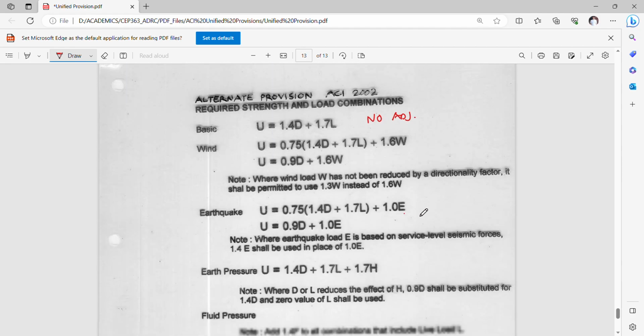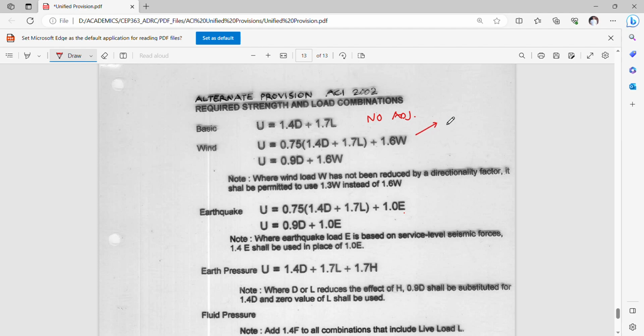Okay, so what happens is that your wind, which is originally 1.7 W, was reduced to 1.6 W, but without the factor of 0.75.